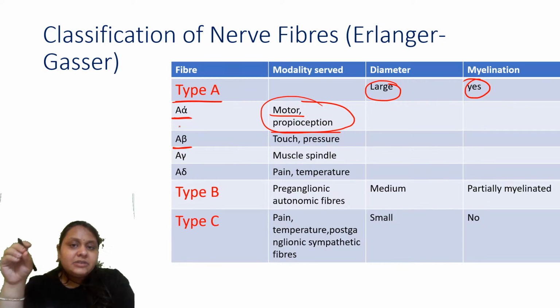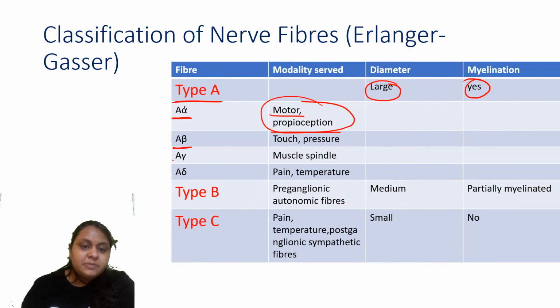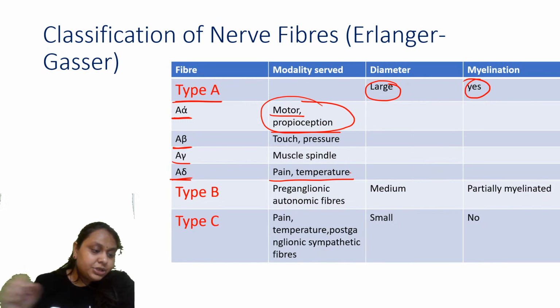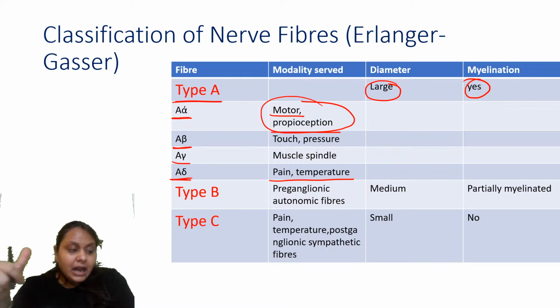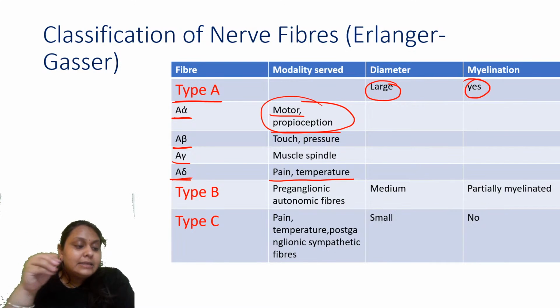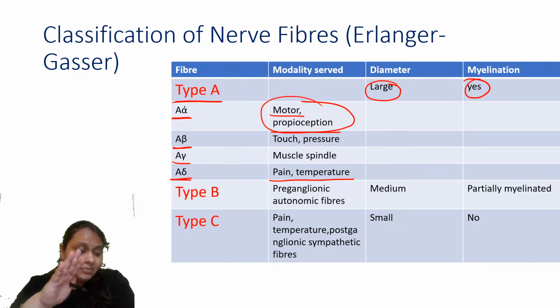A gamma is for the muscle spindle, and A delta is for pain and temperature. Is it clear? A alpha is motor and proprioception, A beta is touch and pressure, A gamma is the muscle spindle fibers, A delta is pain and temperature.